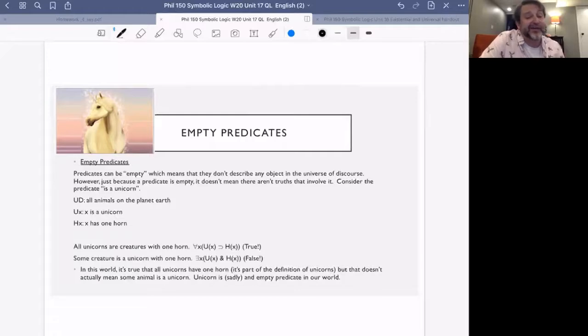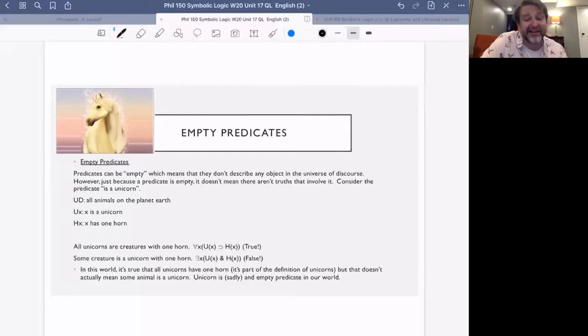But the following is not true. It is not true that there exists some x such that Ux and Hx. That's false. It's not the case that there's some creature that is a unicorn with one horn. So in this world, it's true that all unicorns have one horn. Again, it's part of the definition of unicorns, but that doesn't actually mean some animal is a unicorn.